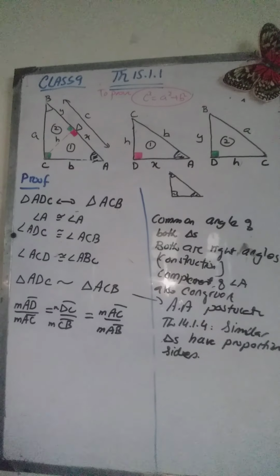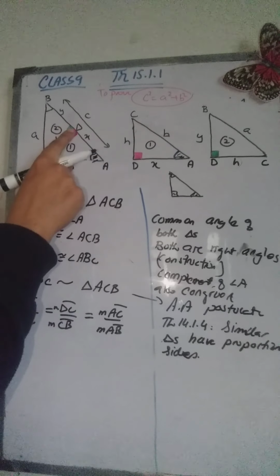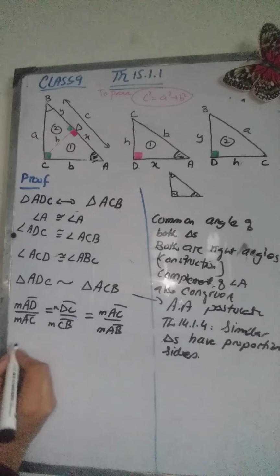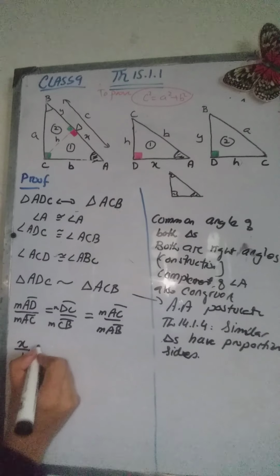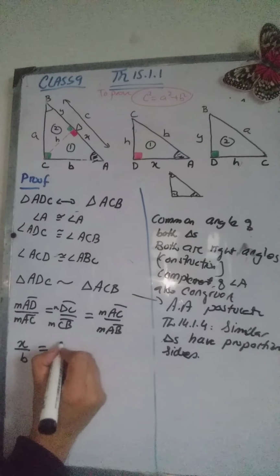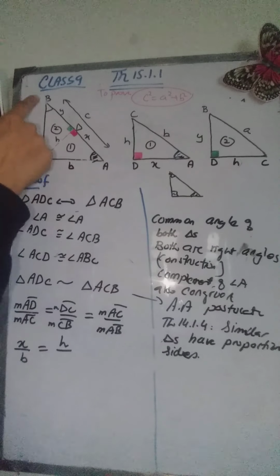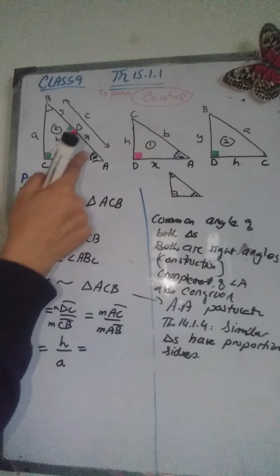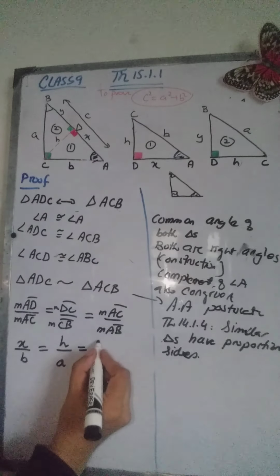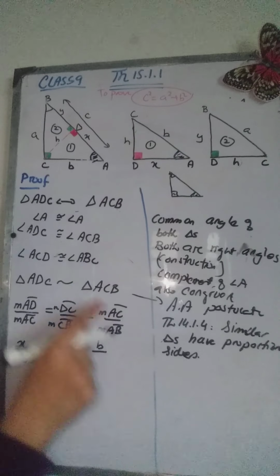Now let me put the values. We had taken AD to be equal to x. It means x over AC, which was B, and DC is H over CB, which is A, is equal to AC over AB.